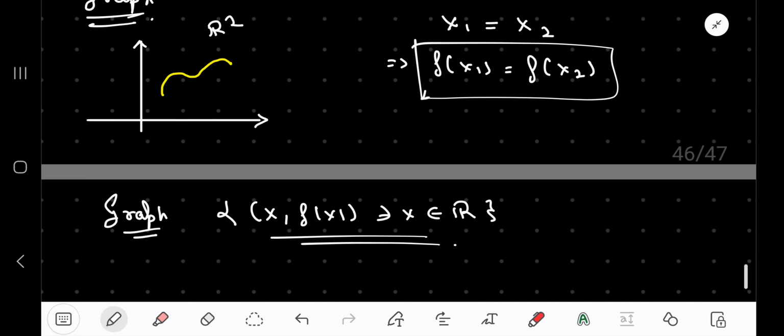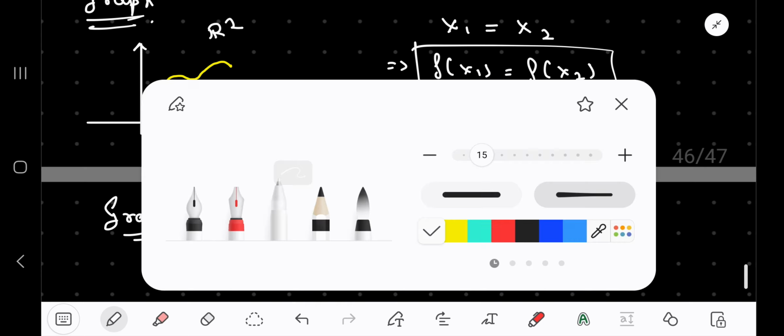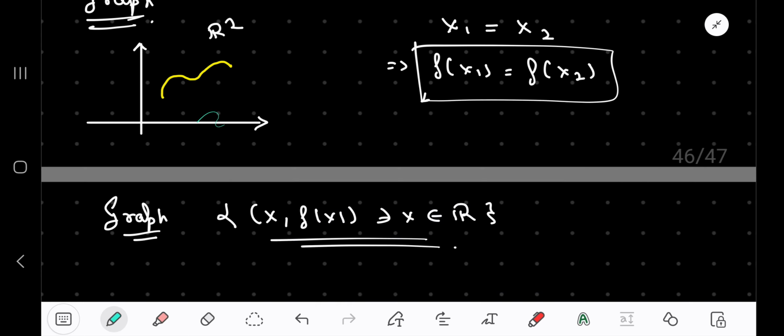And this is quite easy to observe, because whenever you choose a point x here, you will get a corresponding point here, which is exactly the point f of x. So each of the coordinates on this structure is of the form x and its image under f.